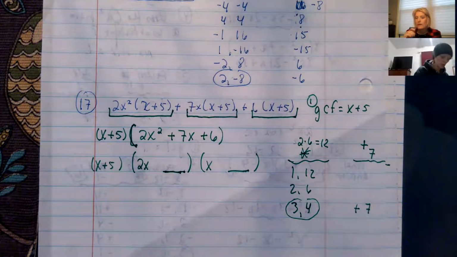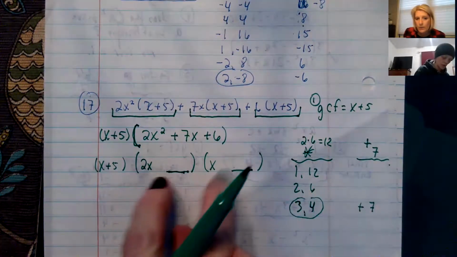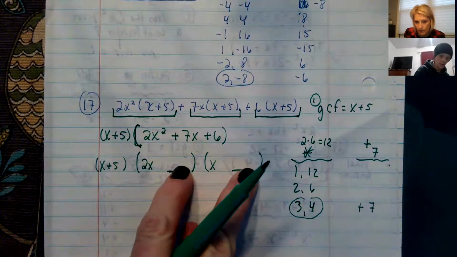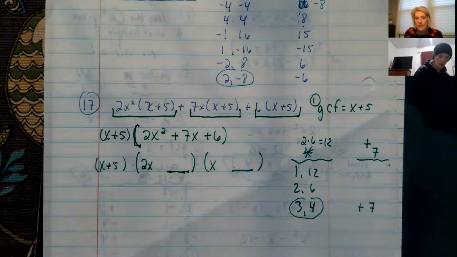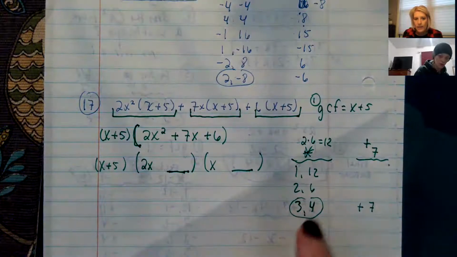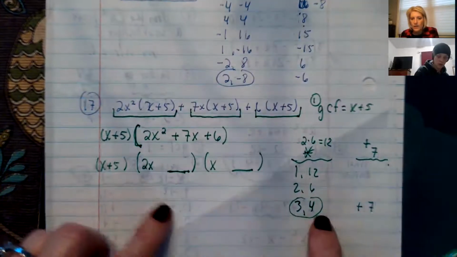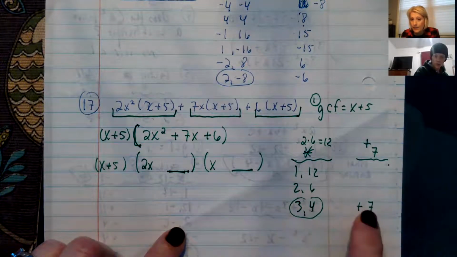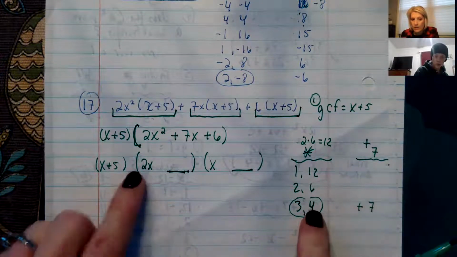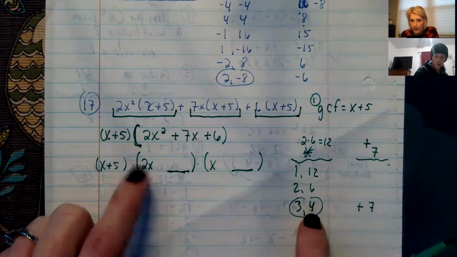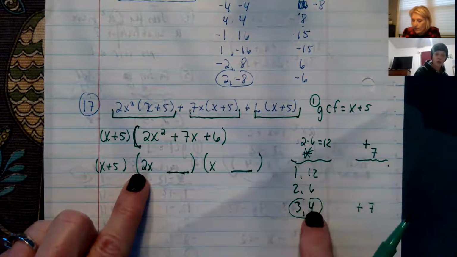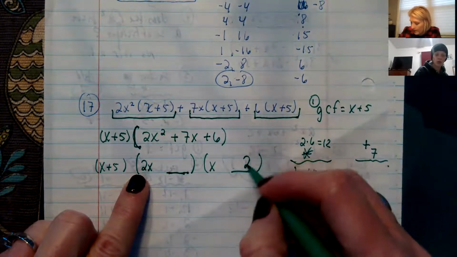So it's not just 3 and 4 that go here. The 3 and 4 end up adding to make 7, but 2 of that 4 is in here. So this 4 would be a 2, right. Yep.